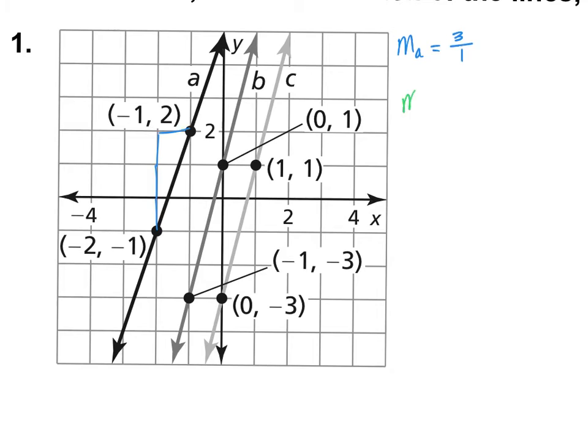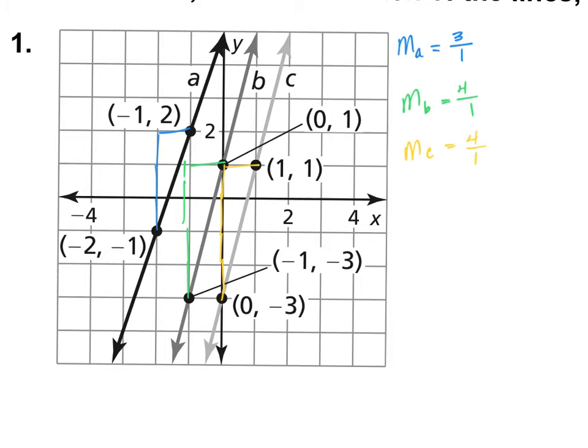The slope of B is going to be up 1, 2, 3, 4, and to the right 1. The slope of C is going to be up 1, 2, 3, 4 over 1.